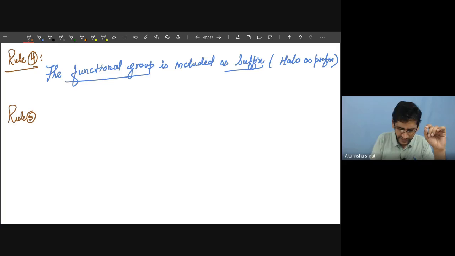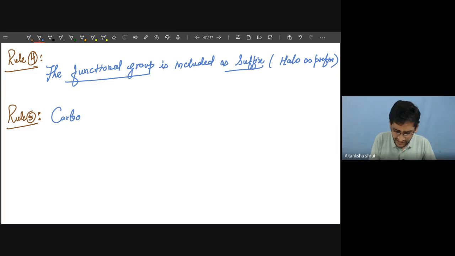The rule number 5, 5, 6, I'm connecting the two. The carbon of aldehyde, carboxylic acid and ketone should be counted in main chain.